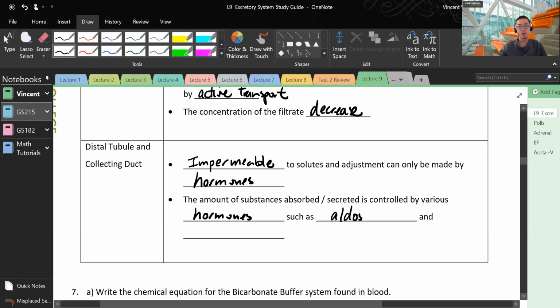There's aldosterone, and then there are things like antidiuretic hormone, ADH. And there's also one that we mentioned, ANH, atrial natriuretic hormone.